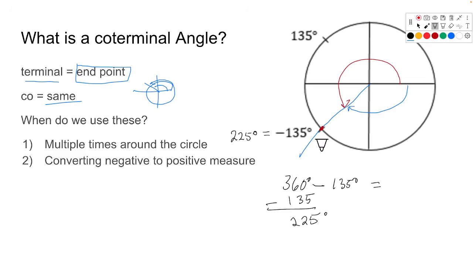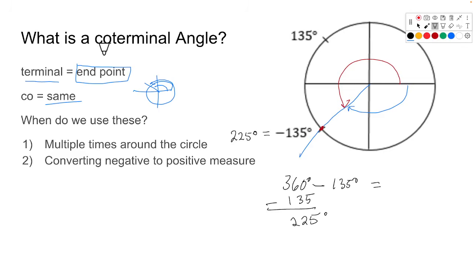And oftentimes we want that because we want to say, okay, we want to be here, but we would like to see what that angle would be if I measured it in the positive direction. So these angles are really equal. They are coterminal. They're different in a way because, again, if you think of a spring, you're winding it in a different direction. So there is a difference, but they end up in the same place.